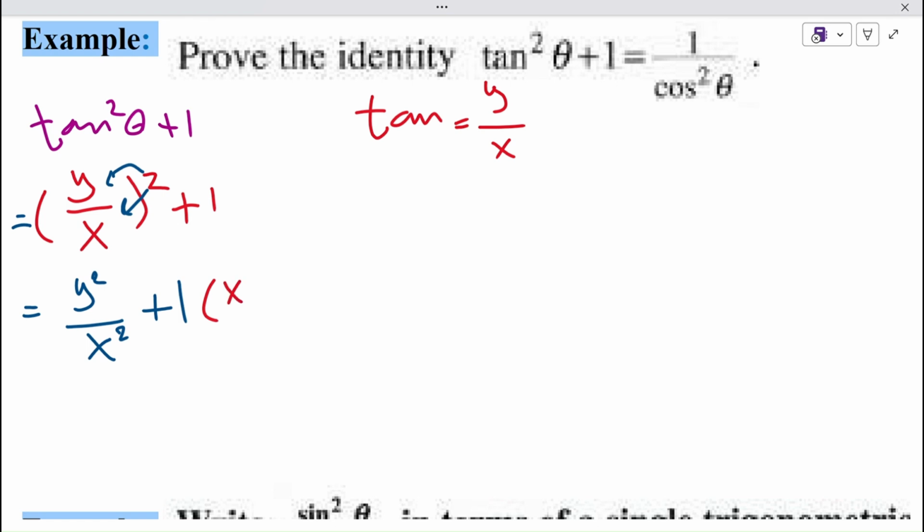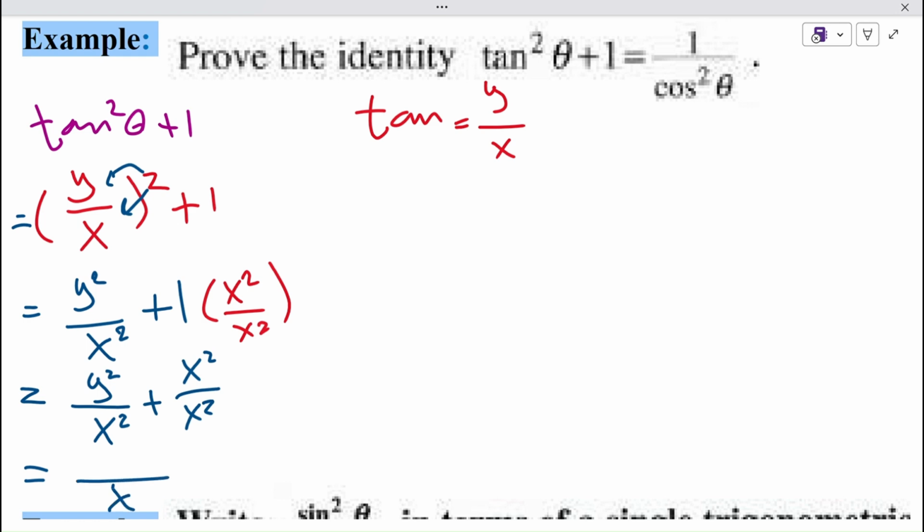Okay, now write it down. This becomes y squared over x squared plus x squared over x squared. Now we have the same denominator. Write it down once, x squared, then y squared plus x squared. Then you have to add the numerators.